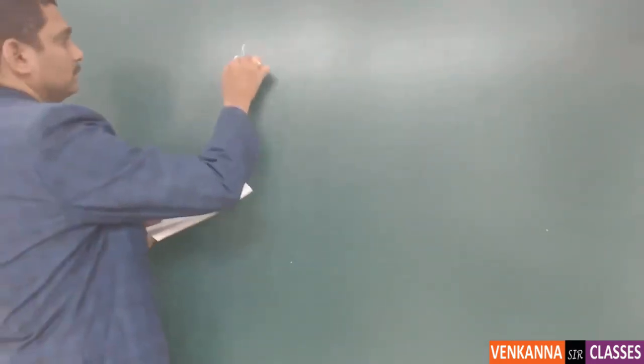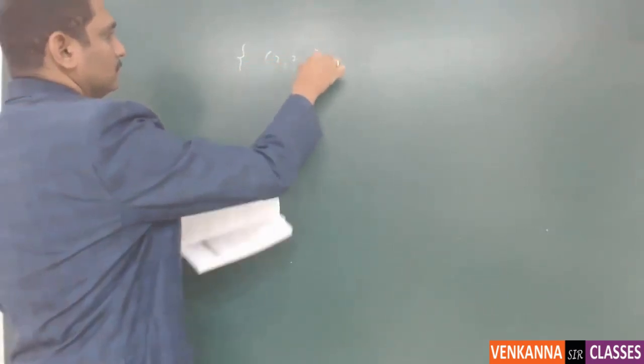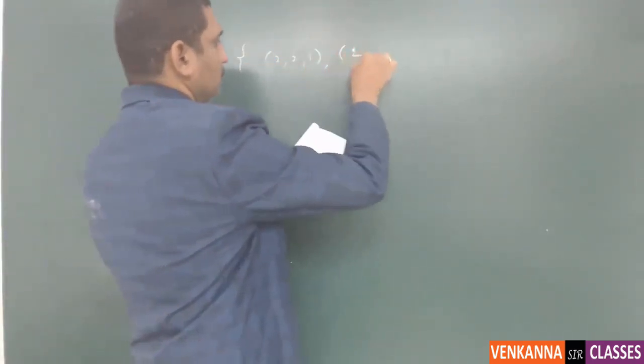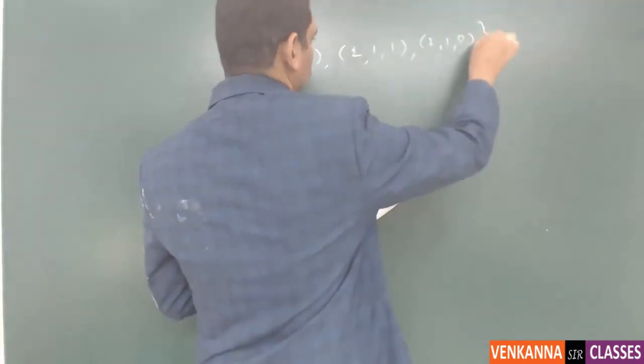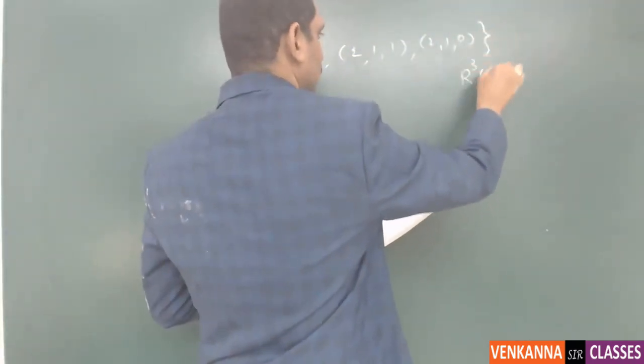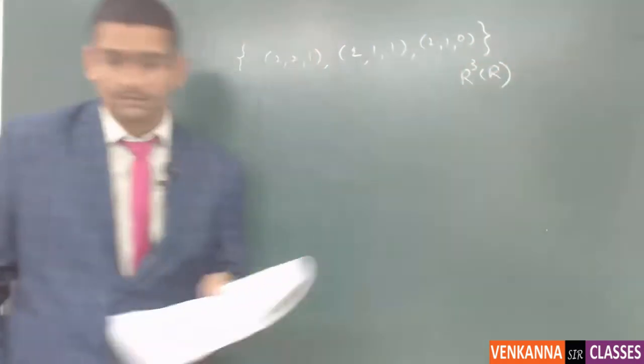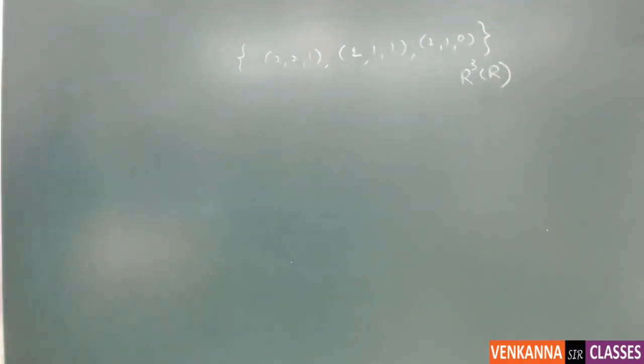Now let us take a sample problem. This is the set of vectors I have taken: (2,2,1), (2,1,1), (2,1,0).